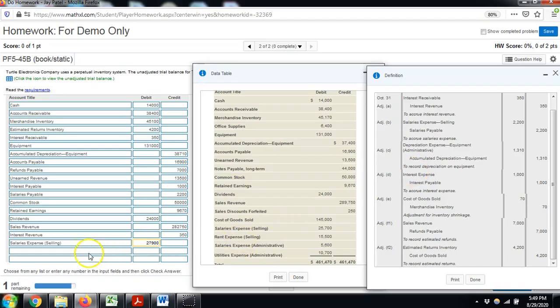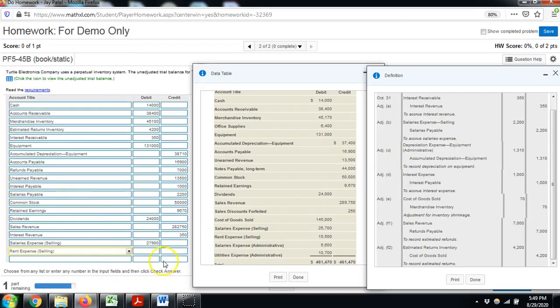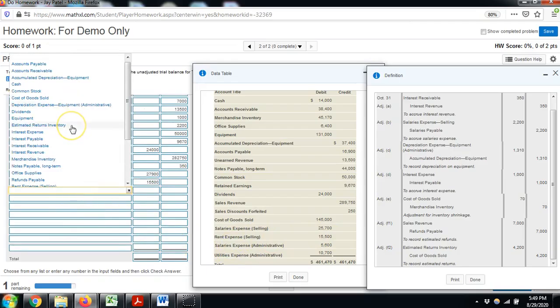Then we have rent expense for selling. We have salary expense for administration, which is unaffected.